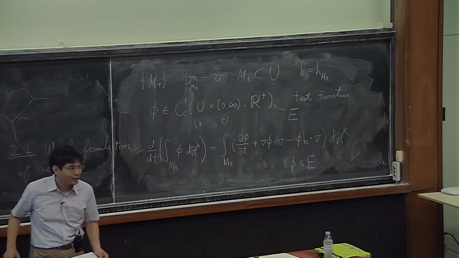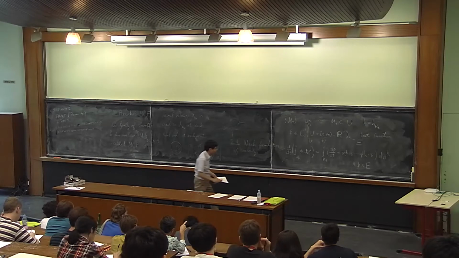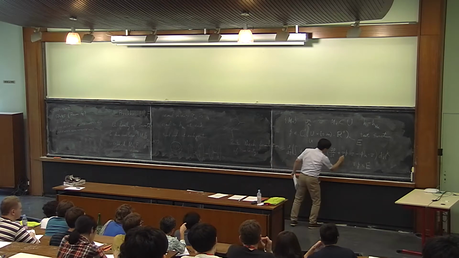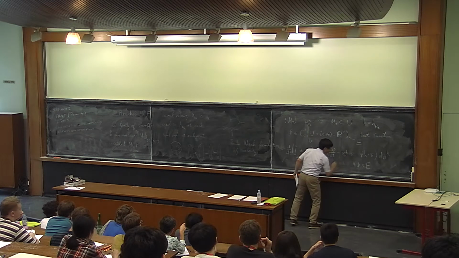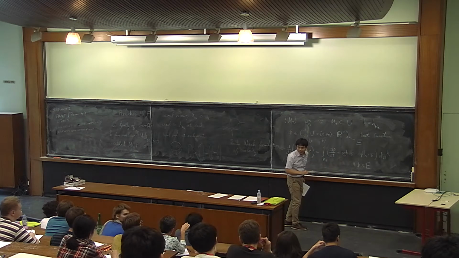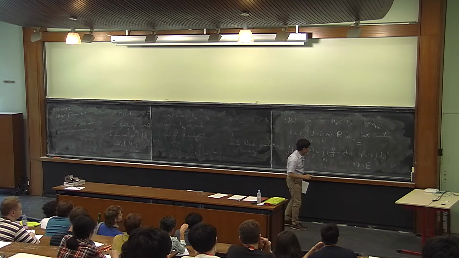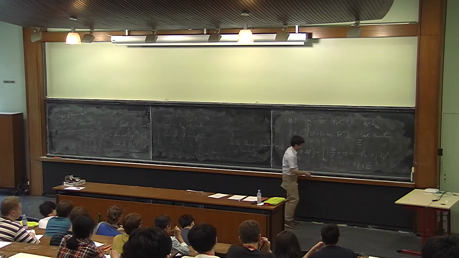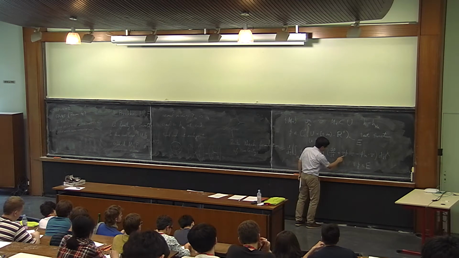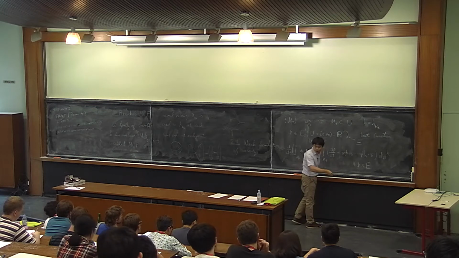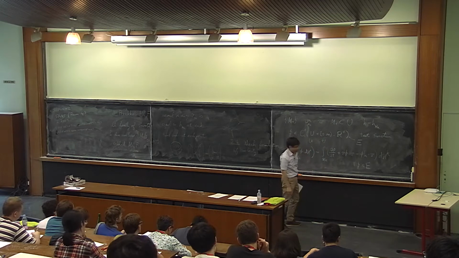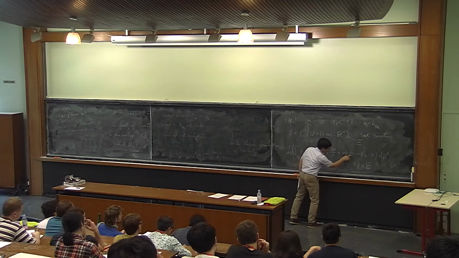Yes? Your gradient there, is it your gradient in the ET? This gradient is with respect to x, but it's not a tangential gradient. It's just a full gradient. But you see, this is like a directional derivative in the direction of v.